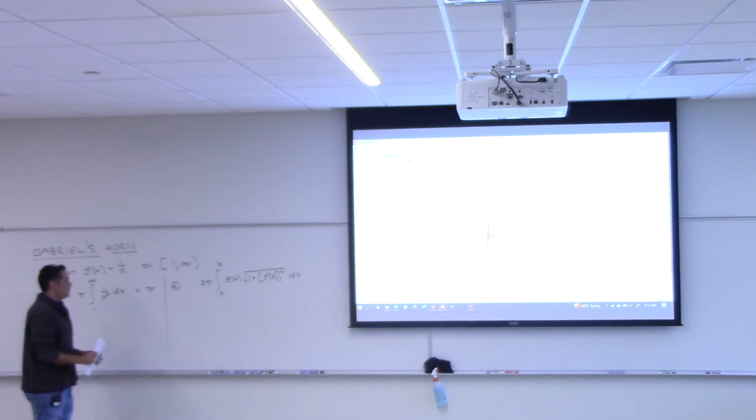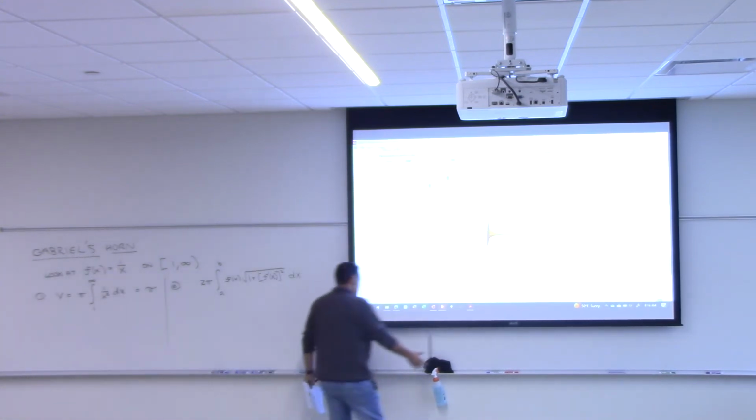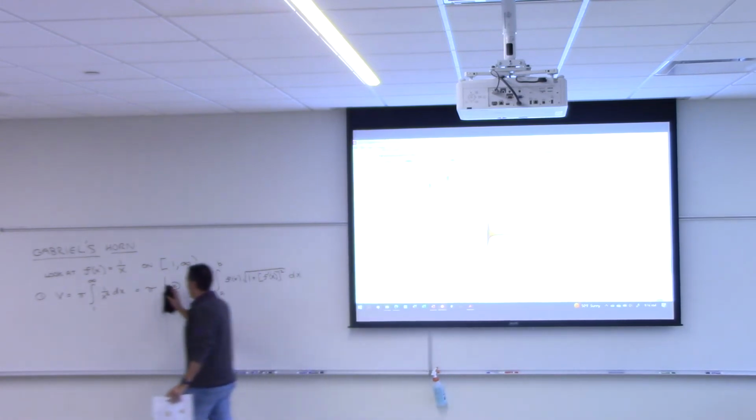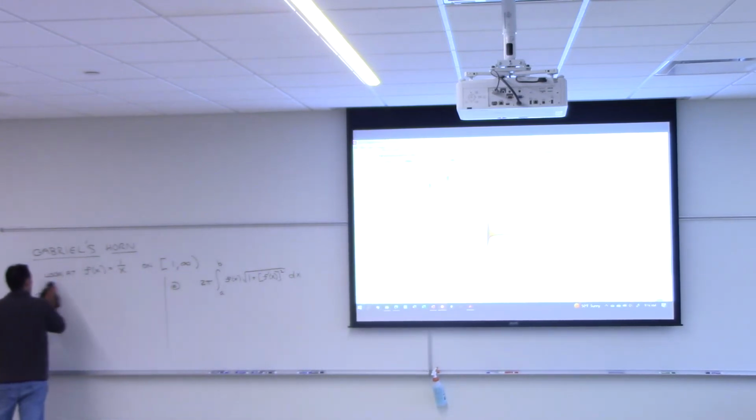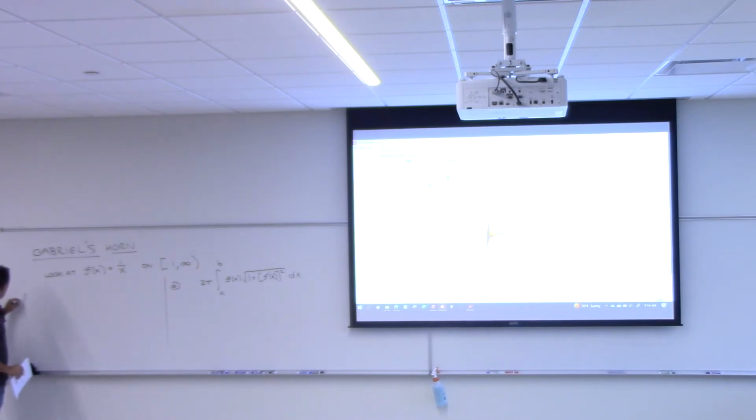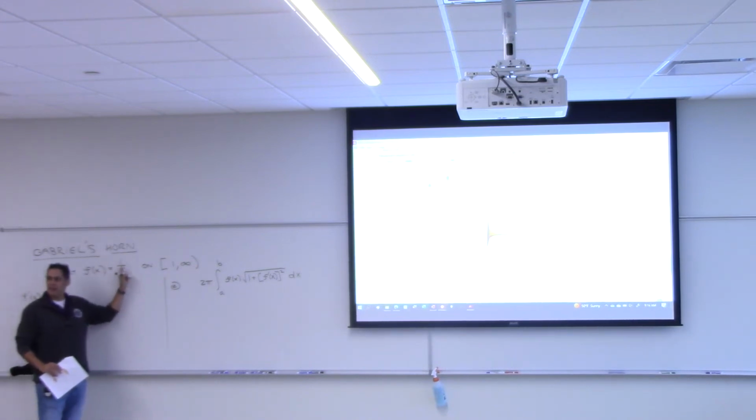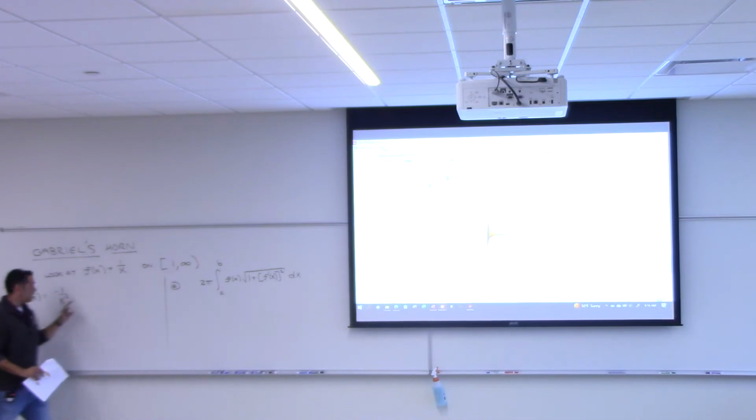So to use this formula, I'm going to do some scratch work on the side. I'm going to figure out what the derivative is first. Okay, so what's the derivative of this function? Derivative of that would be negative 1 over x squared, right? Because this is really like x to the negative 1, and then bring the negative 1 out, subtract 1, so it'd be x to the negative 2, and then I can rewrite that as this.